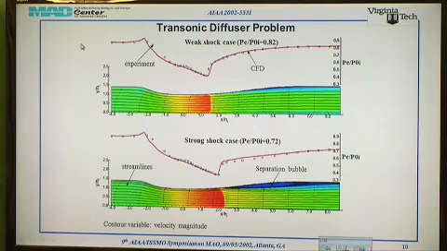That is, you are essentially generating the flow by putting a pressure differential between the entry and the other side. And if the pressure drops only by 18%, you will have a weak shock here.